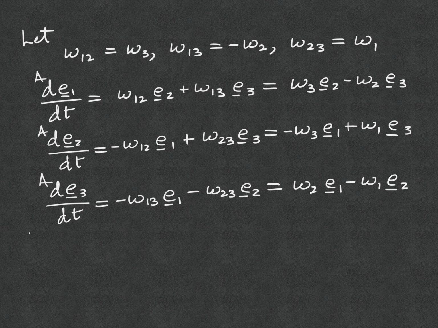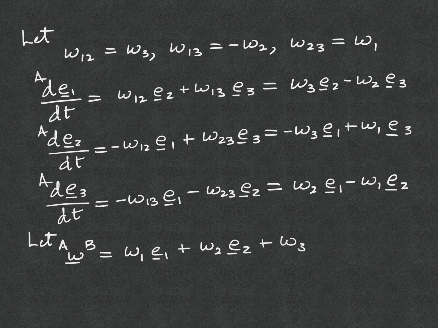But suppose now that I say let omega BA equal omega 1 E1 plus omega 2 E2 plus omega 3 E3. Then I can use this vector to replace what I have up above. Look what winds up happening when I take this vector and take its cross product with all 3 of these vectors, E1, E2, and E3.